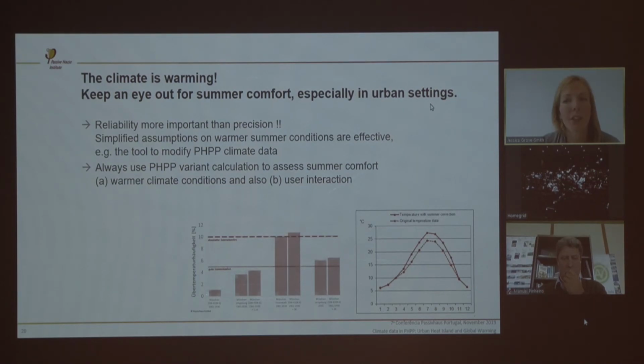It's very difficult to use a simple but robust stress test approach than to get it absolutely spot on right. So the simplified approach that we suggest by modifying the climate data is something that we recommend to use in your design processes.